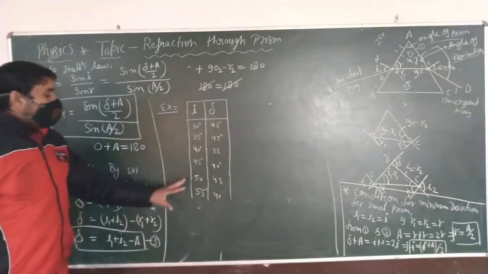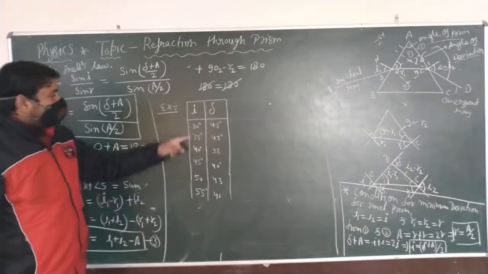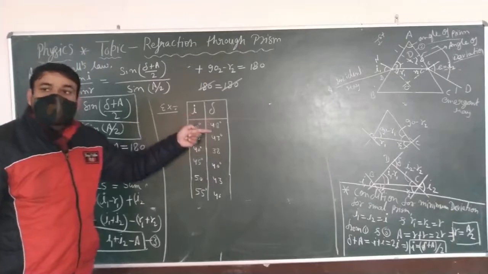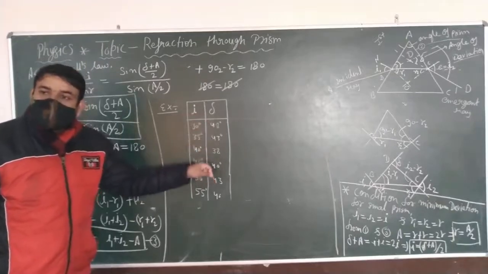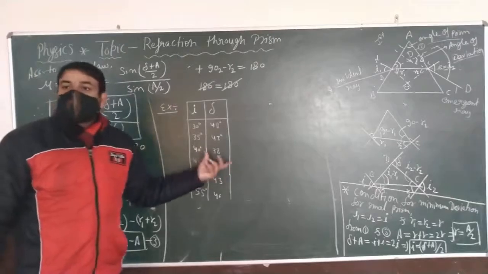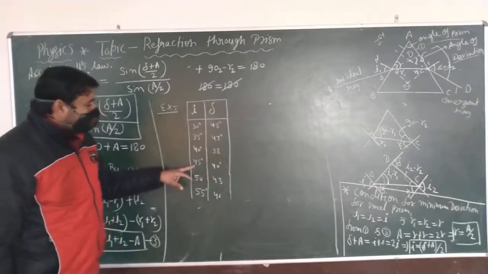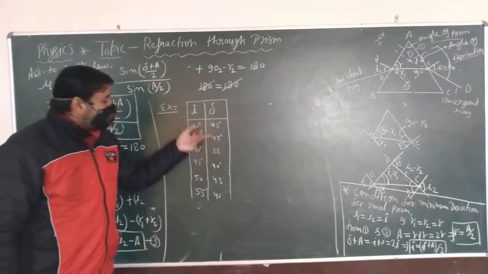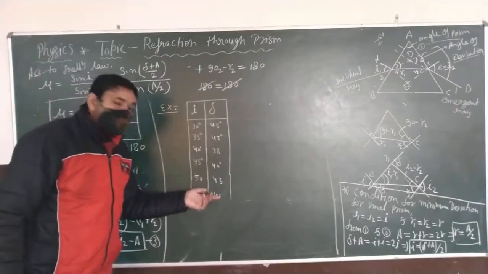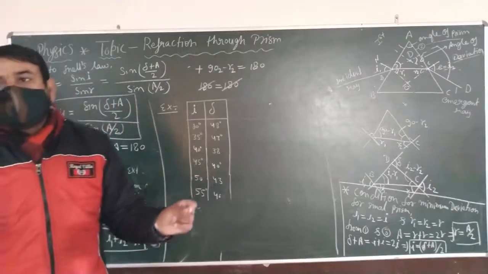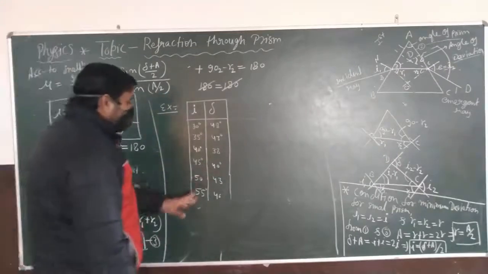Okay, as you see, by increasing the incidence angle, initially the value of deviation will decrease, and after a value, the deviation increases with further increase in the incidence angle.